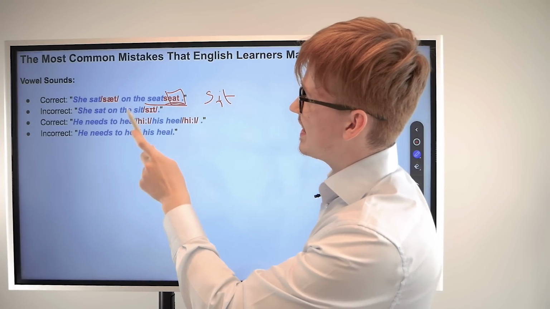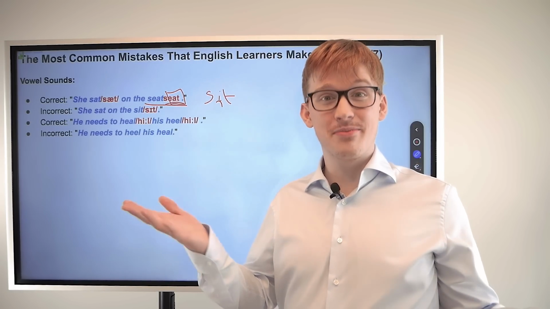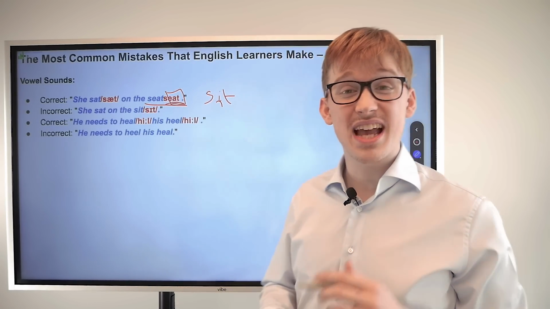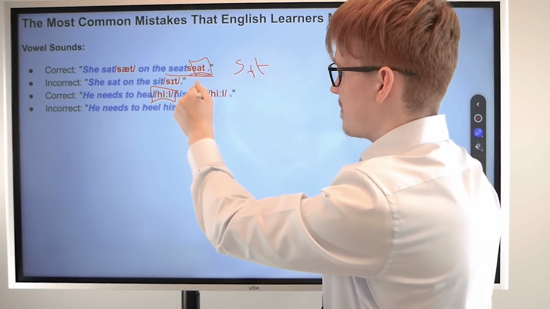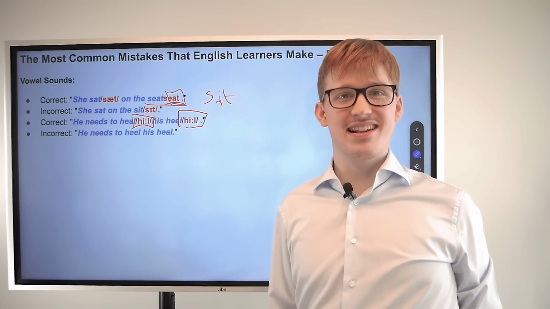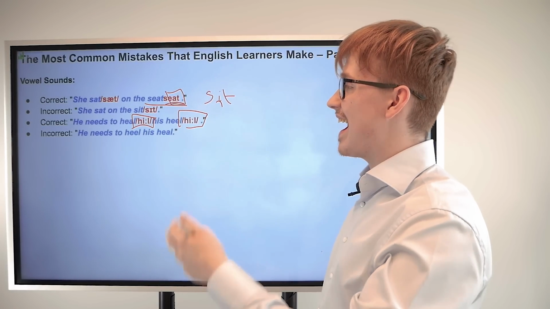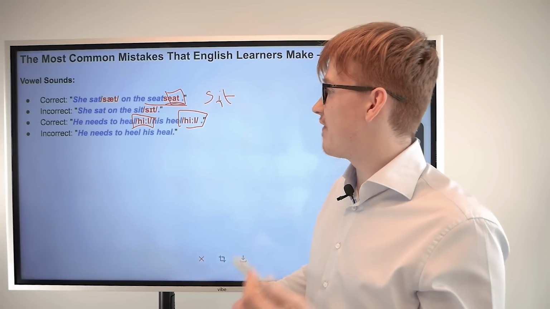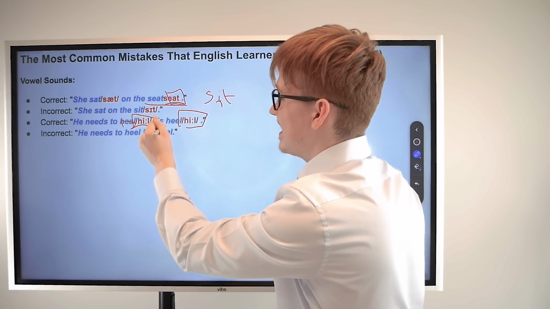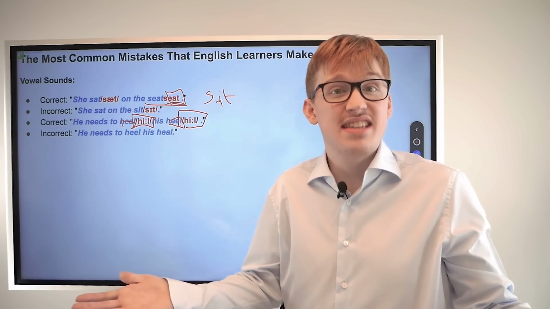So, he needs to heal his heel. As I'm sure you've noticed, they both sound exactly the same. And as you can see with the phonetic transcriptions here, it is exactly the same, but they have different spellings. H-E-A-L and H-E-E-L. So the fact that E and A are there, and E and E are there, doesn't change them from being the same sound.